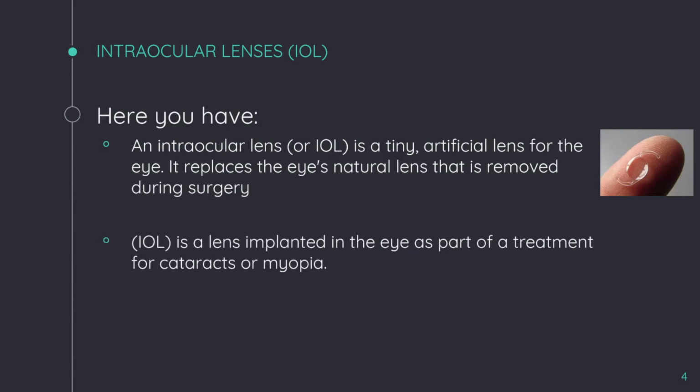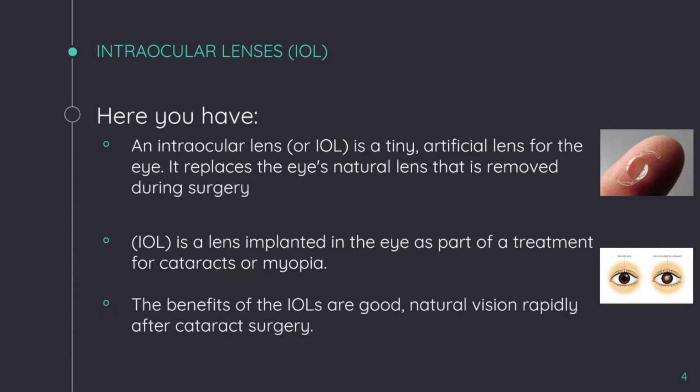IOL is mostly used as part of the treatment for cataract or myopia. The advantages of IOL are that they can improve vision and can correct for nearsightedness, farsightedness, and astigmatism.